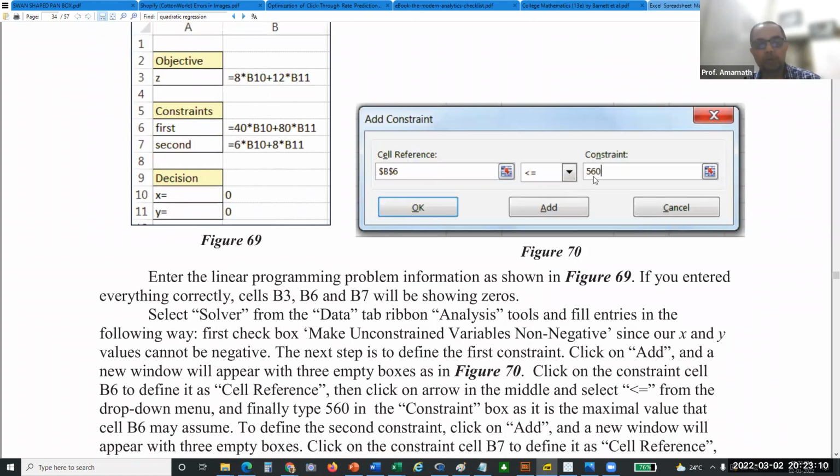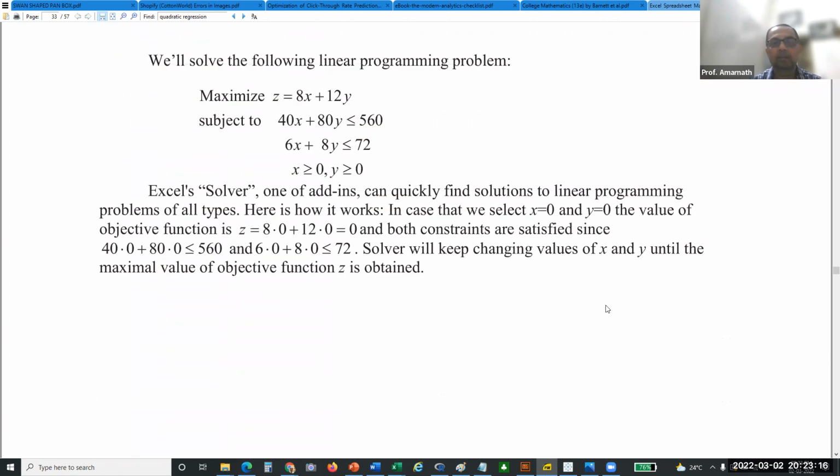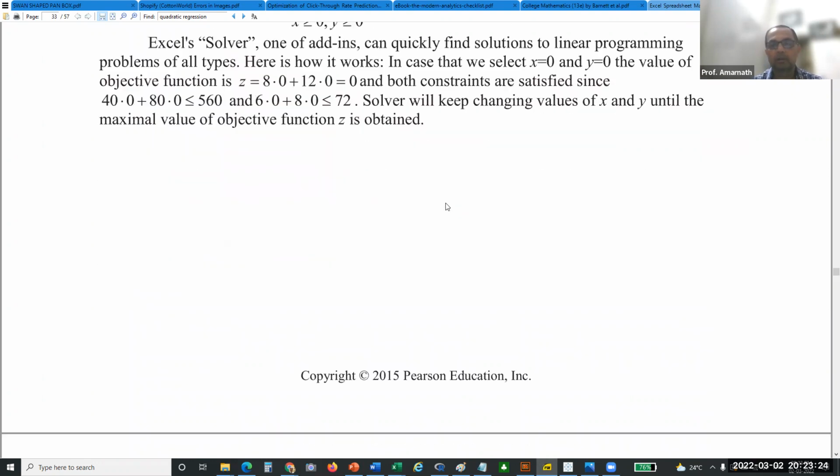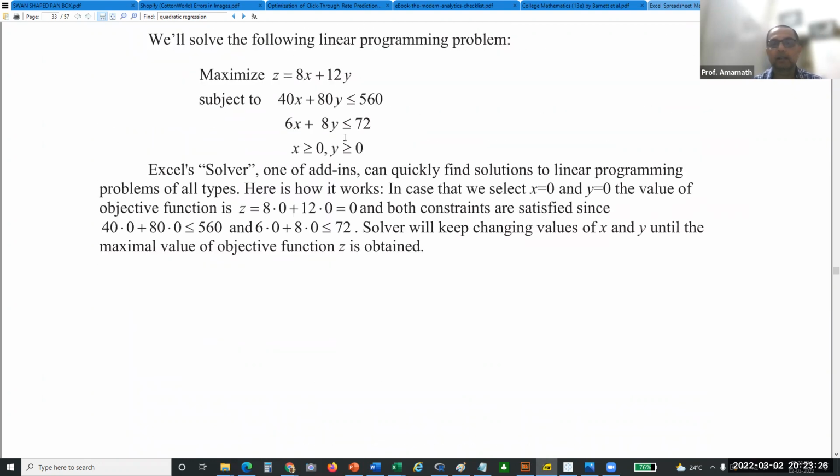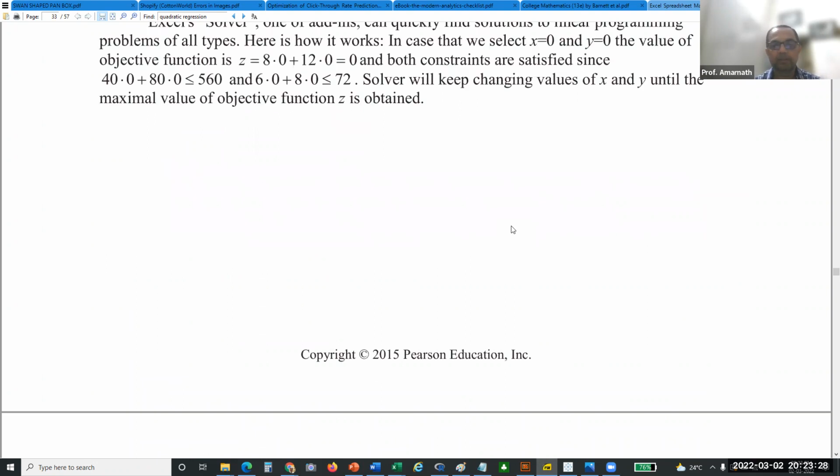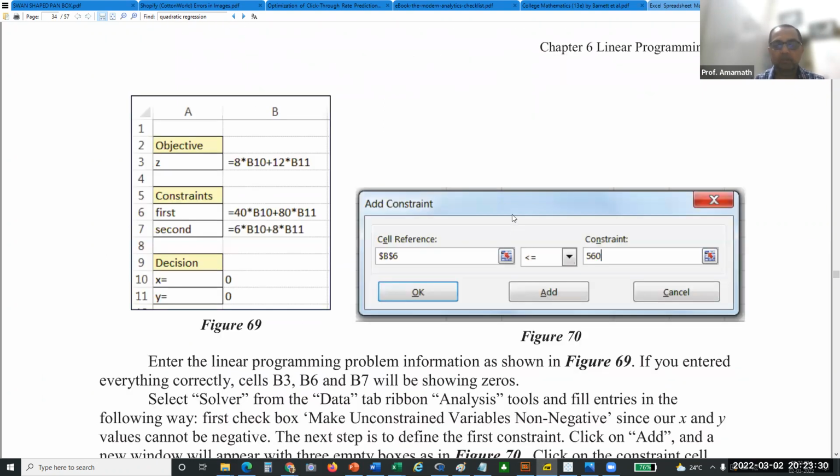Now I'll use solver and see what I have to put for all this. So my equation is this one. So LHS I have put. I need to put this 560, 72 and all. So X is greater than or equal to 0, Y is greater than or equal to 0. So this is a very raw way of putting, but nevertheless, no problem in this thing.